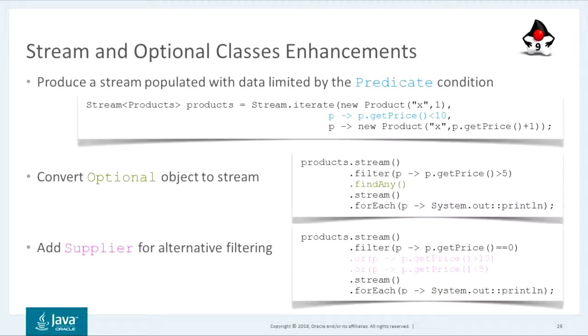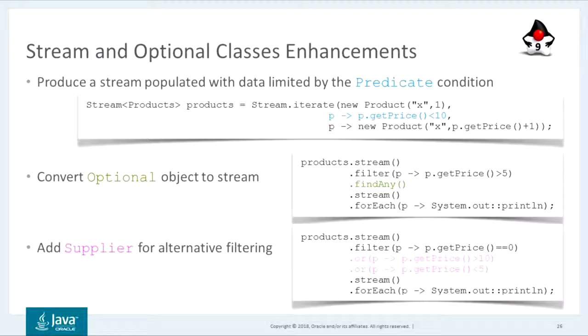So the syntax of applying a next method to a stream of data is potentially dangerous in the sense that if there's a null object within a stream, you may have a null pointer exception. So the idea is that methods such as findAny allow you to correctly handle that case.